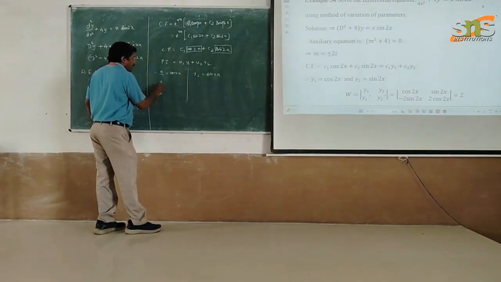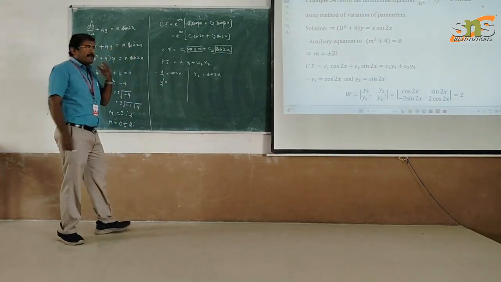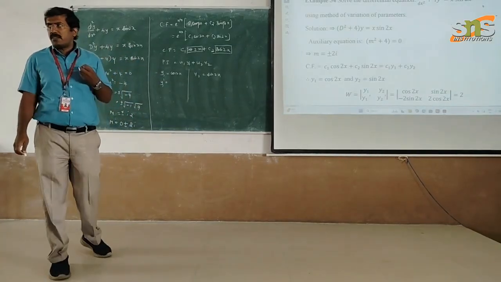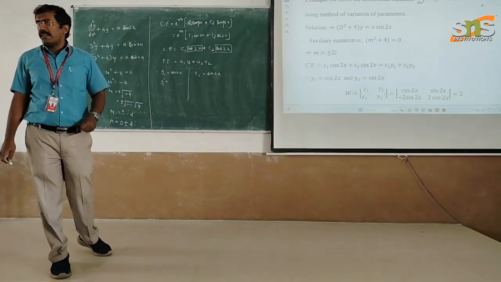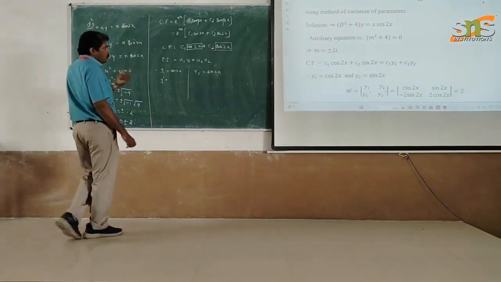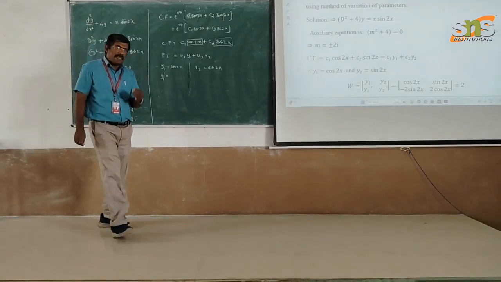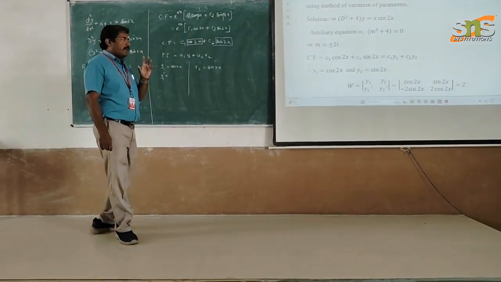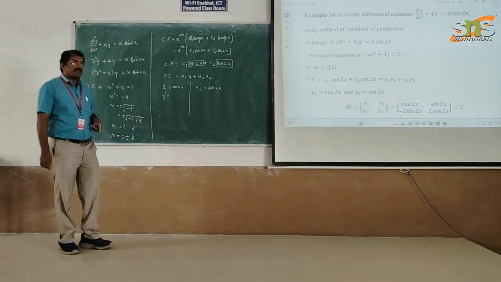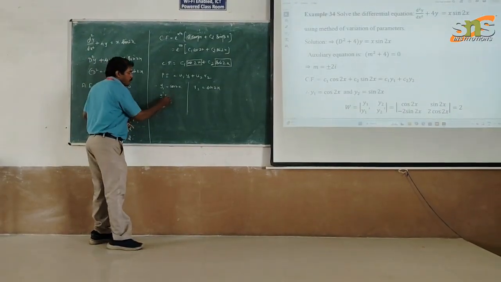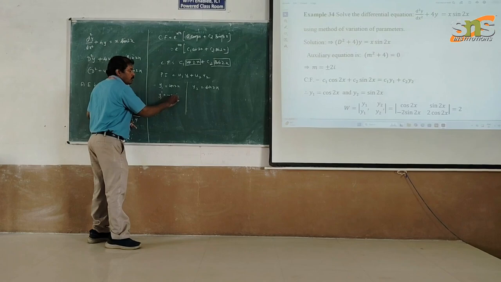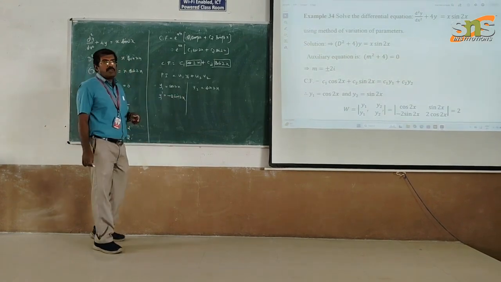Now we have to differentiate y1. The differentiation of cos x is minus sin x. Differentiation of cos 2x is similar to cos ax, that is minus a sin ax, so minus 2 sin 2x.